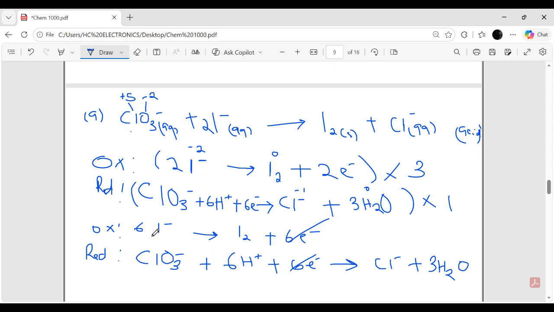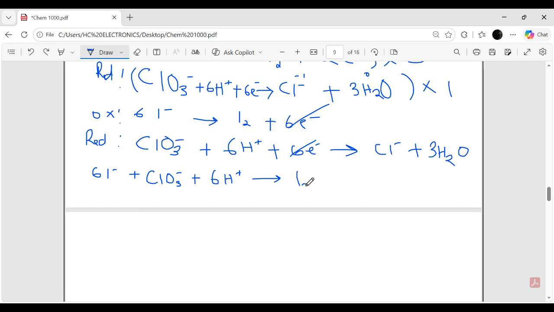Then you combine the two equations. As a result, you have an overall reaction: 6 iodate plus the chlorate, ClO3 negative, plus the hydrogen ions because they have remained here, 6H plus, is equal to, on the right side, iodine, which is supposed to be 3 because you multiplied with 3.